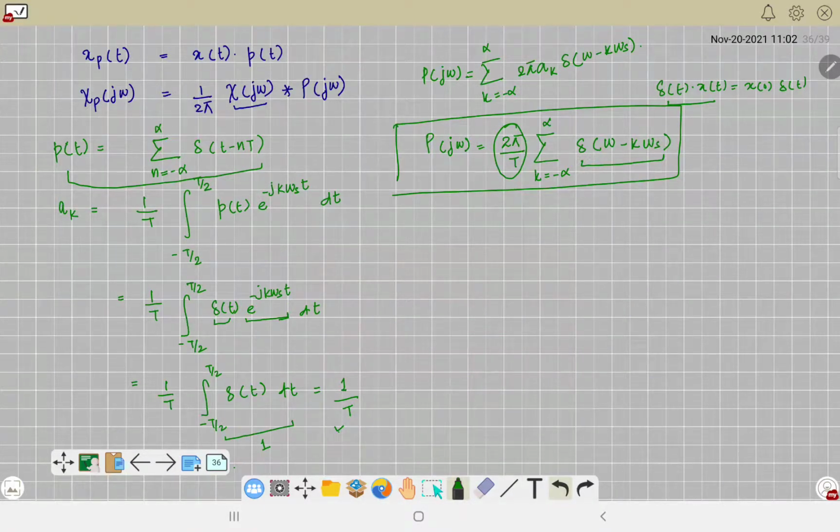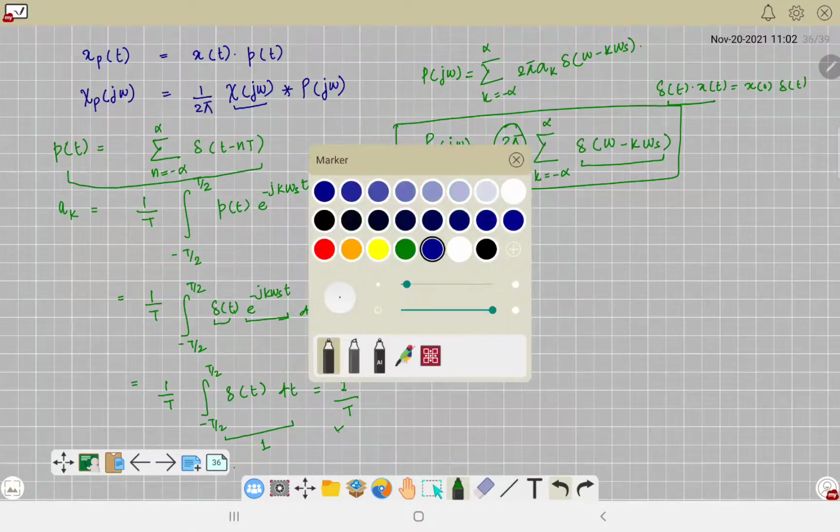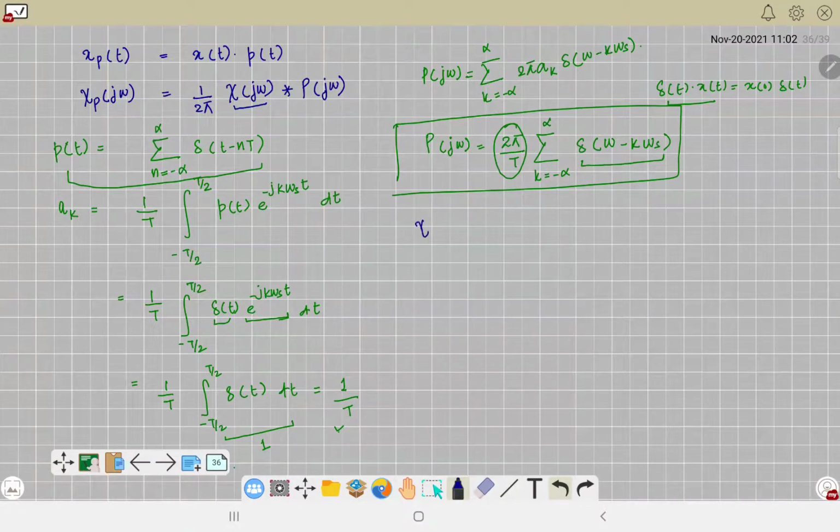Now that we have found P of j omega, what remains is the last part: what will X p of j omega look like? We have already established it is 1 by 2 pi, X of j omega convolved with P of j omega.